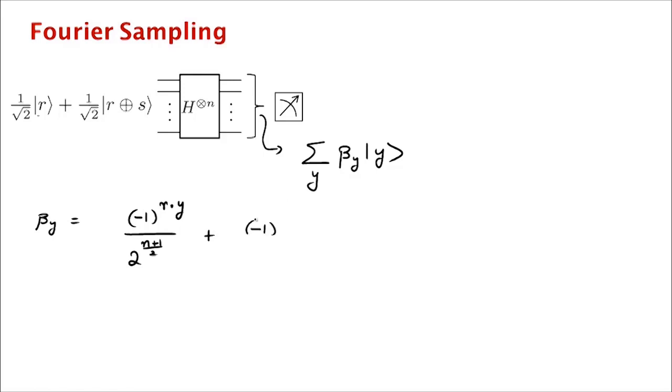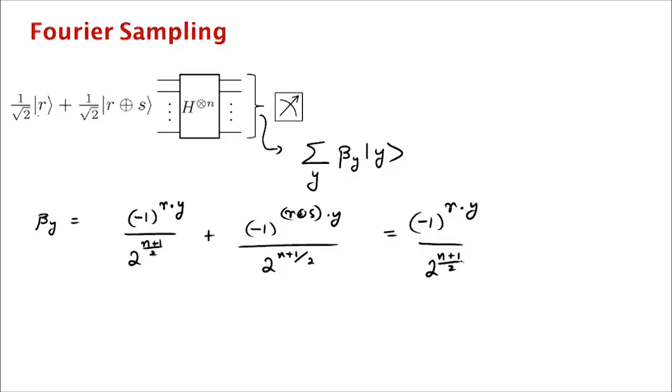It's minus 1 to the r plus s dot y divided by 2 to the n plus 1 over 2. You can further factor this out to minus 1 to the r dot y divided by 2 to the n plus 1 over 2 times 1 plus minus 1 to the s dot y.